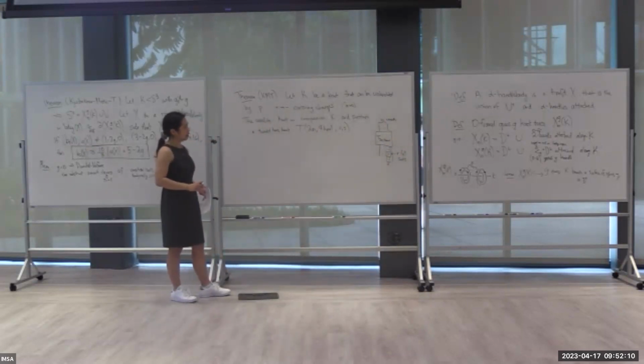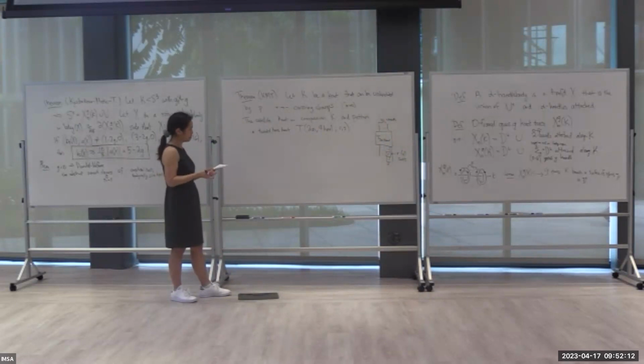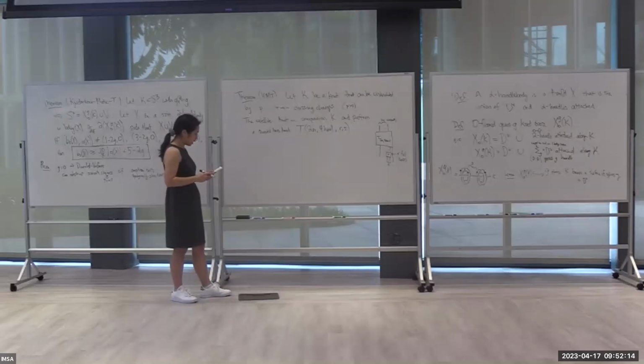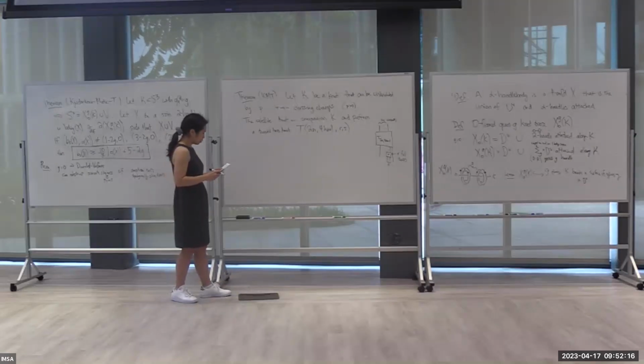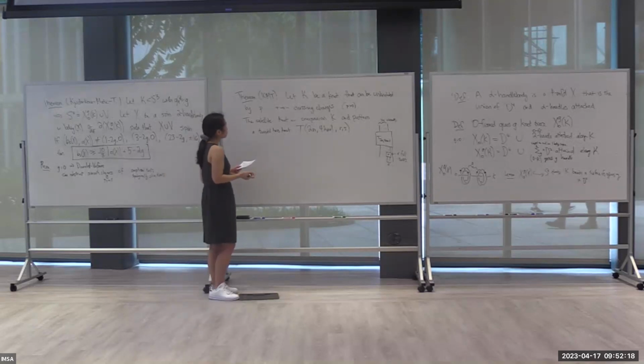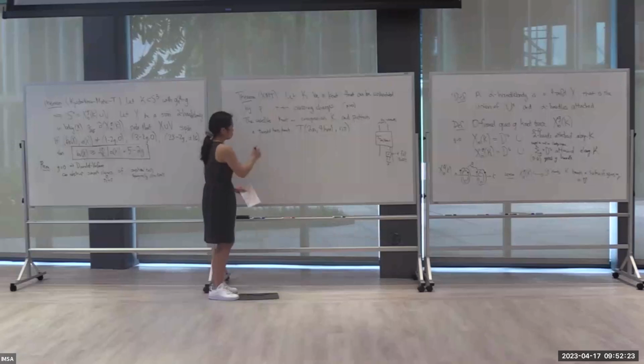So this is our pattern knot, and you can use this and companion K with this condition on the number of crossing changes to unknot it.